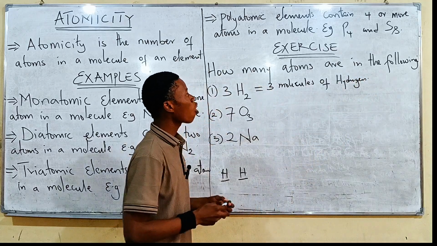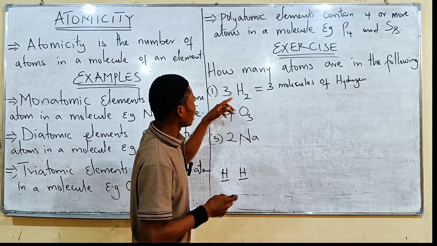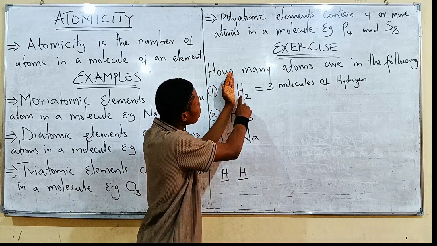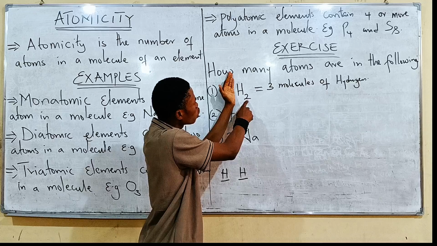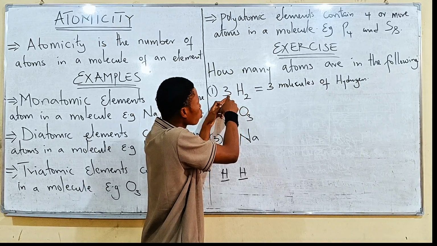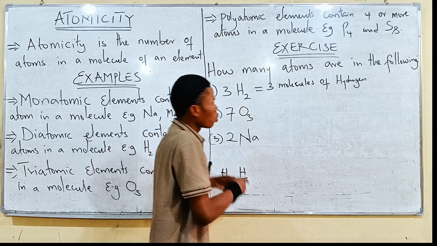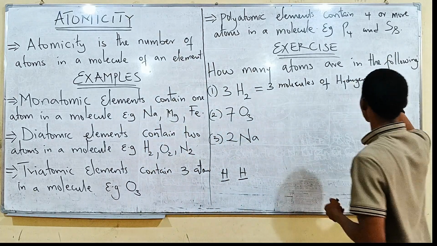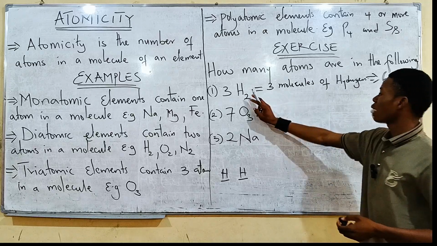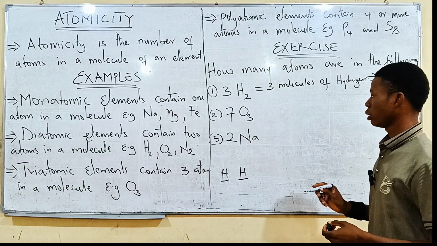But now we are asked how many atoms. If you look at this, let's remove this 3. This H2 here means 2 atoms of hydrogen, but we have 3 molecules of it. So it will be 3 times 2, which is 6 atoms. So we have 6 atoms of hydrogen here.